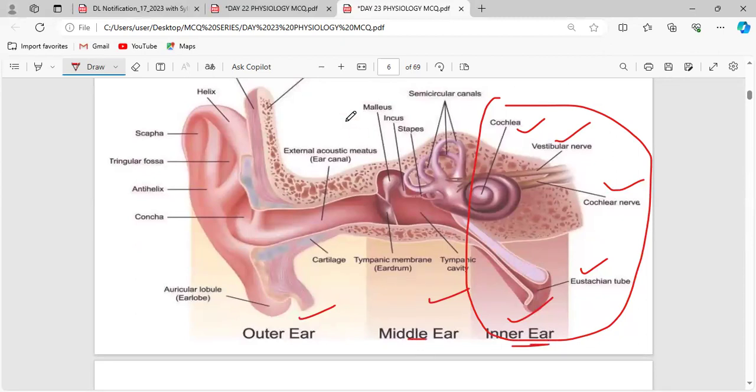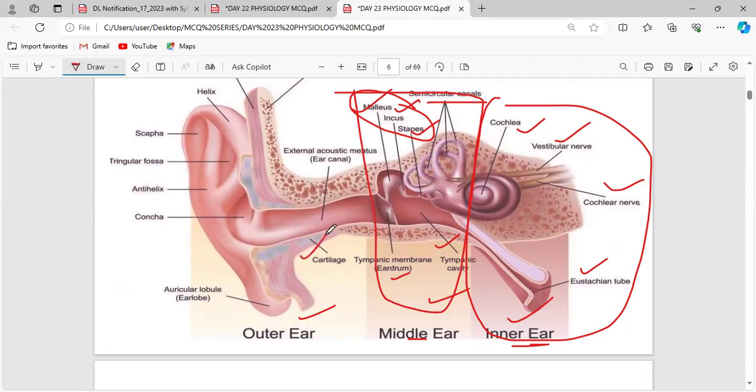And in the middle ear, we have the malleus, incus, and stapes. These are the small bones present in the ear. Then semicircular canals, tympanic cavity, and tympanic membrane, which we call the eardrum. These are the structures related to the middle ear.